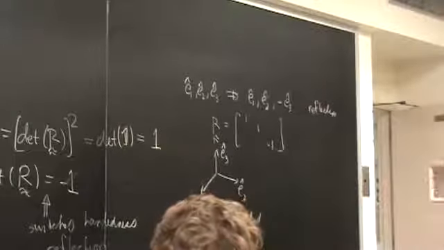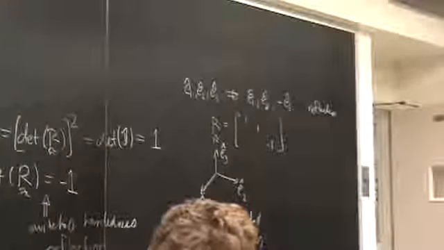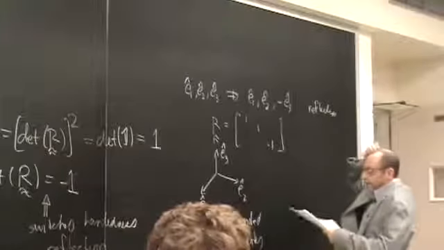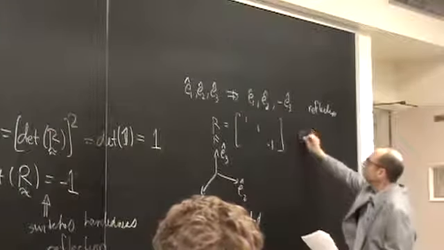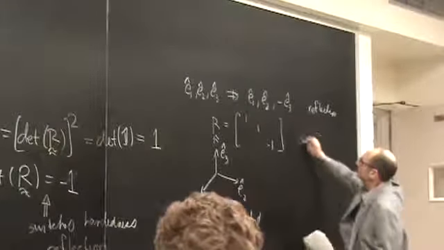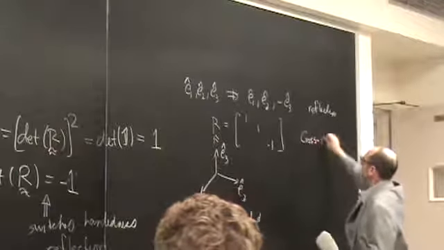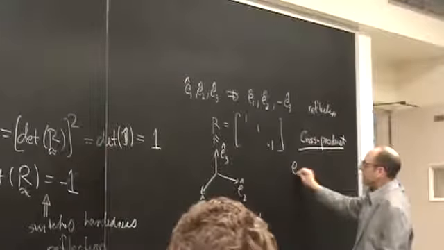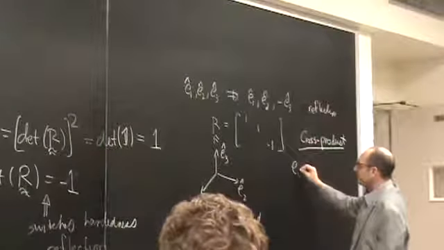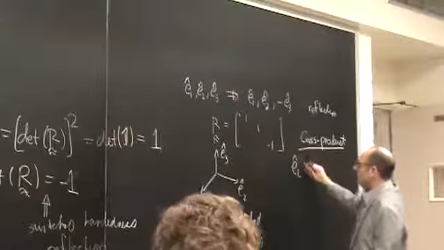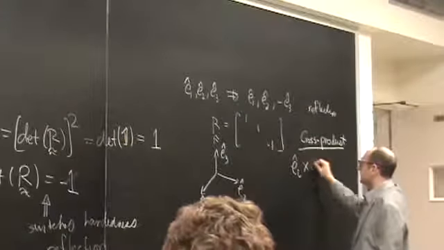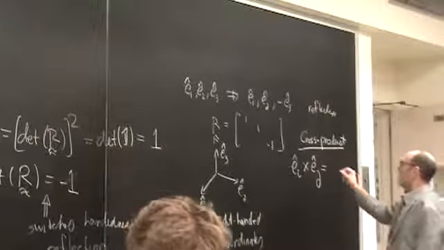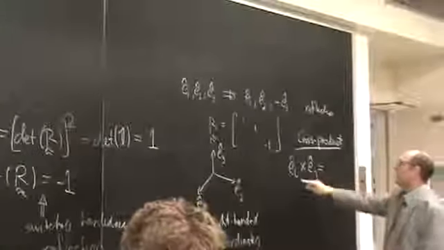So in dealing with the right-handed coordinate system, it's useful to introduce the cross product. So the cross product defines the handedness such that E_i cross E_j is equal to plus or minus 1 or 0 depending on whether i, j, k are distinct, or if i equals k.